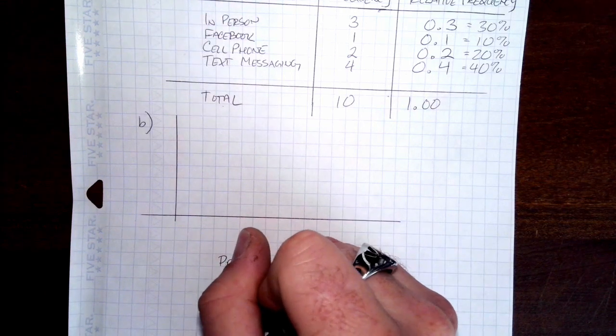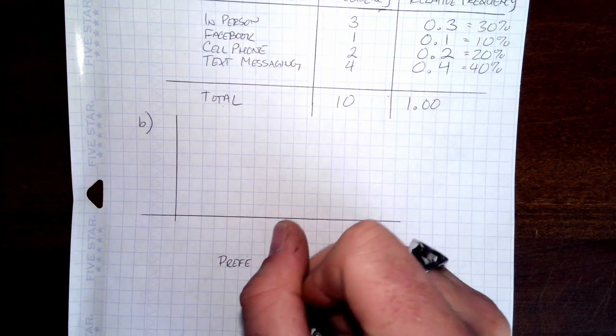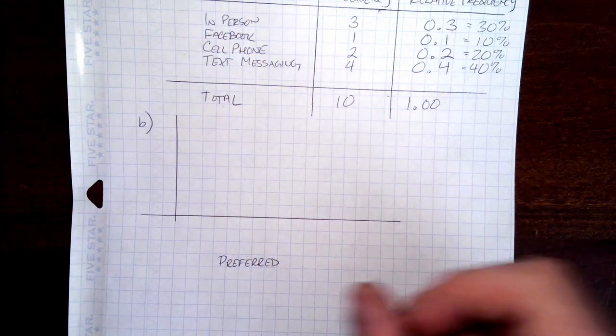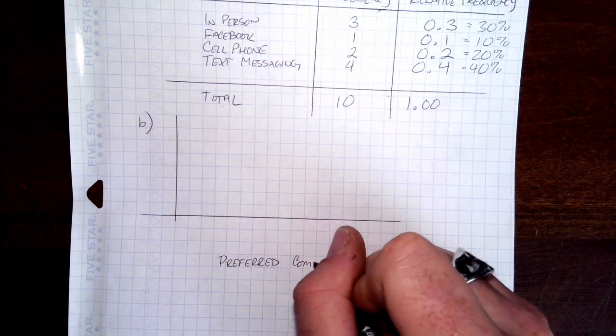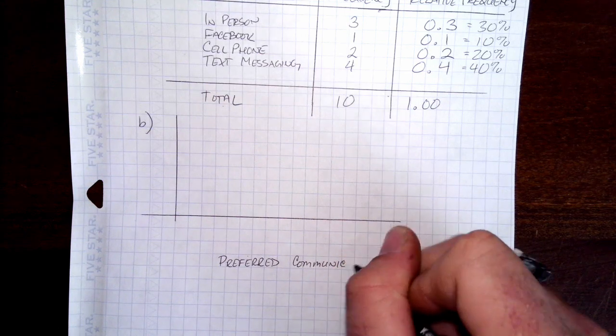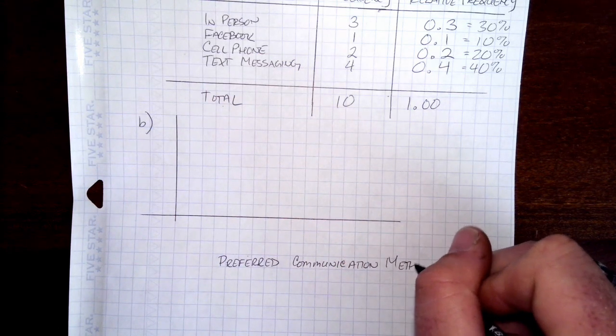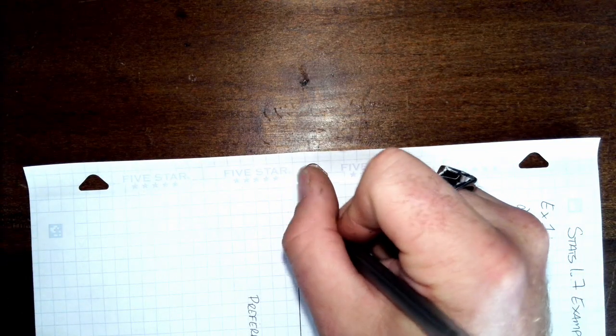So let's label those first, then we'll set our scales. And again, you have to label both axes so that your reader knows what it is you're trying to say.